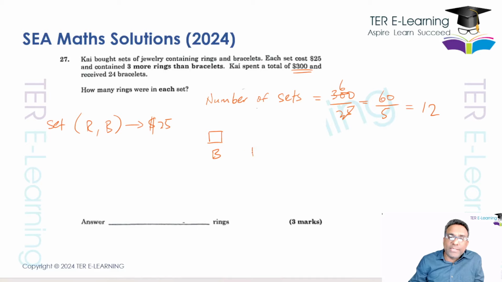Then rings will actually be this plus 3, right? Because they said the set contains 3 more rings than bracelets. So now, since we know we have 24 bracelets, so you received a total of 24 bracelets, let's see what we need to do here.